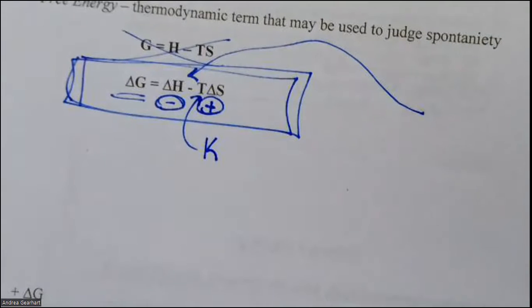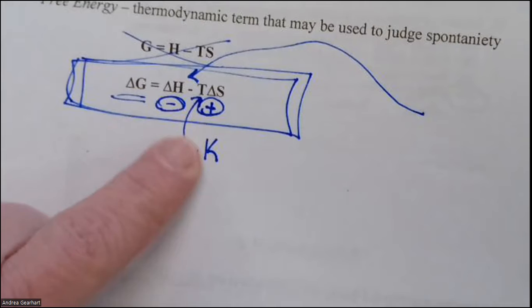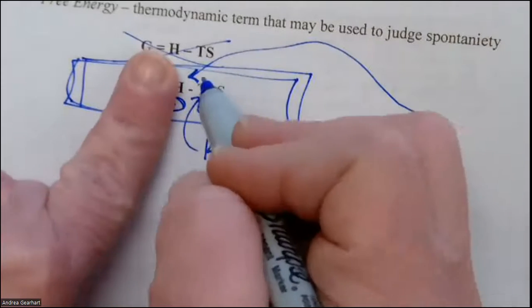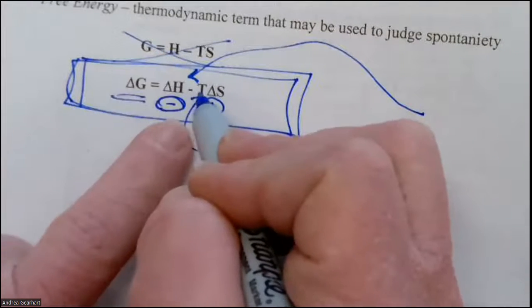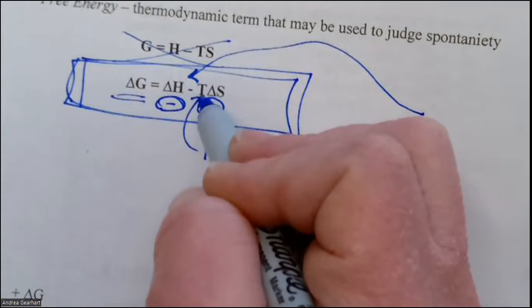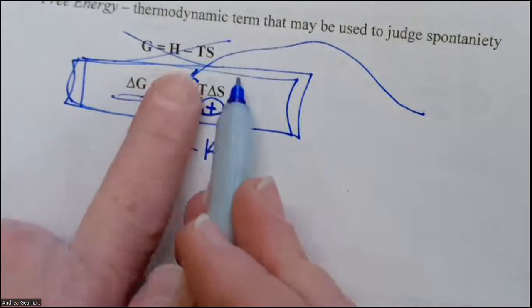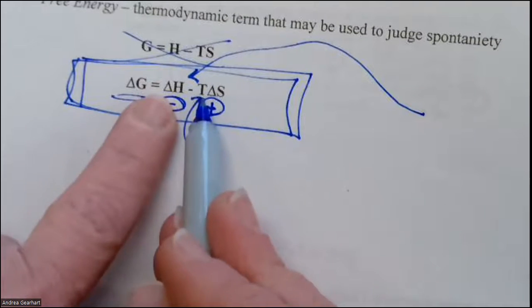Okay, we're taking our temperature times our entropies. Our entropies are given per mole Kelvin, and we'll never have a negative Kelvin. So this second term, as far as the temperature, won't ever make it a negative.